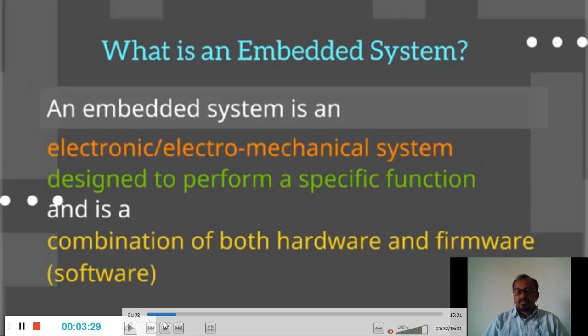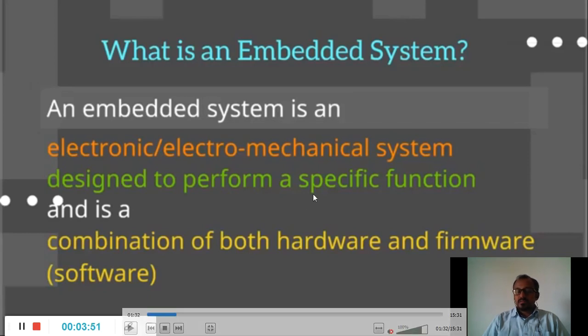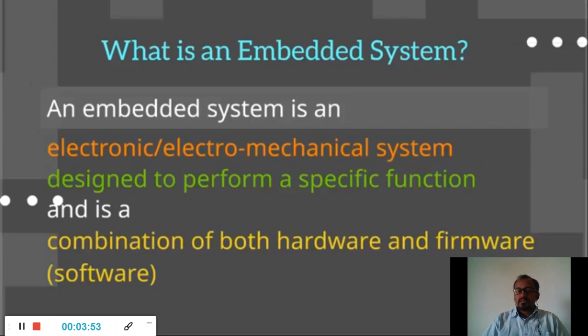But in an embedded system, for example a mouse, we can use it to do only one work, the movement of the cursor on the screen. Video recording and such things are not carried out by the mouse. That is the difference between a general computing system and an embedded system.